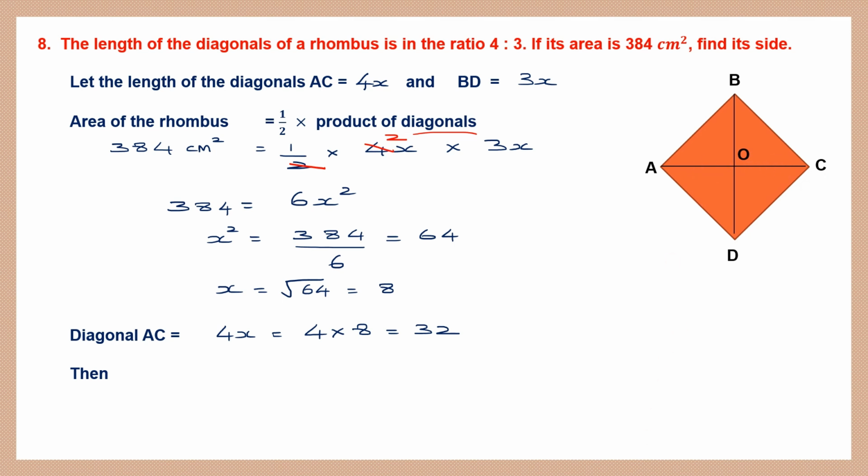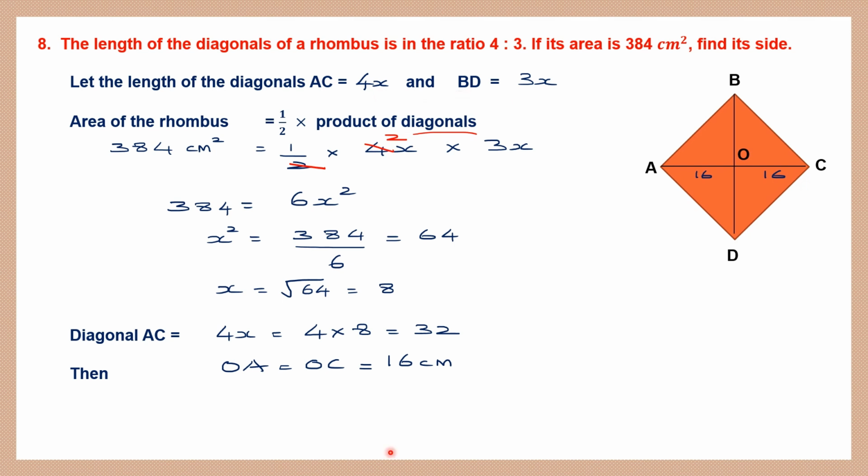Half of 32 is 16. That means this side will be 16 and this side will be 16. So in that case, you can write OA is equal to OC, which is equal to 16 centimeters each. So this is when you take only the diagonal AC. We wrote 4x, we substituted x with 8 and found this.